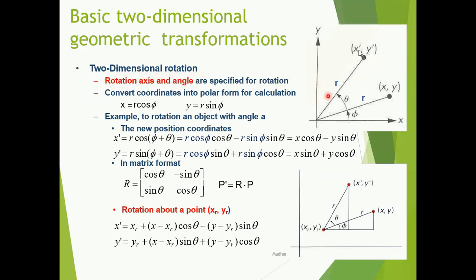Here, consider one example. You have the xy plane. This is a 2D plane, so we consider only the xy plane. And now suppose you want to move a particular point, represented by x comma y, to a newer position x dash comma y dash.